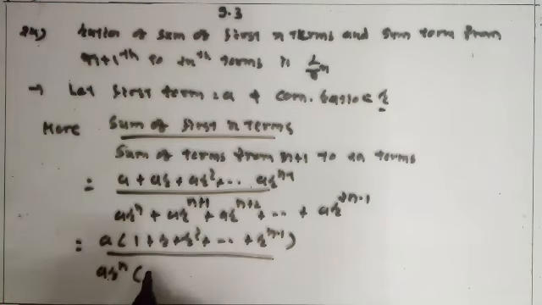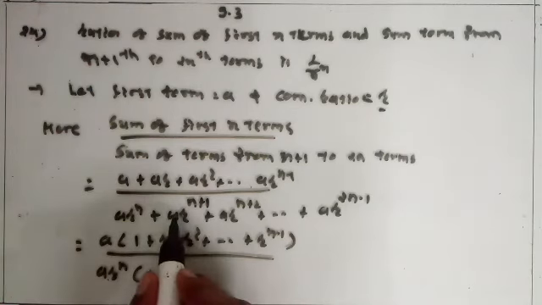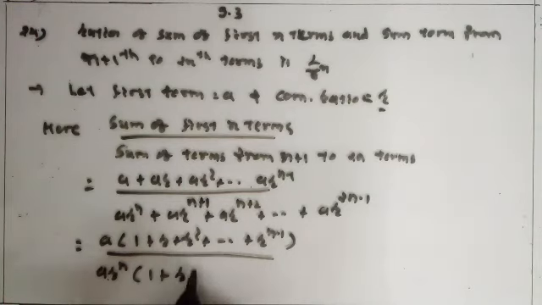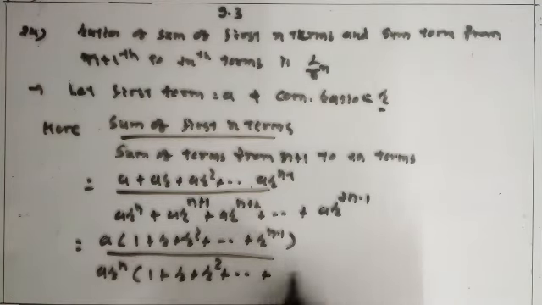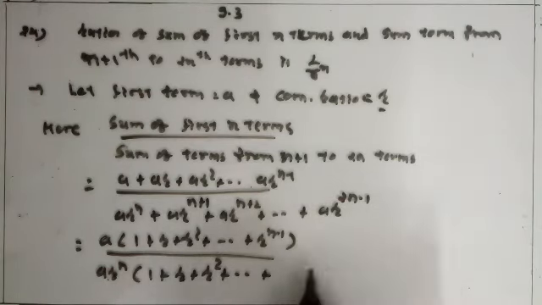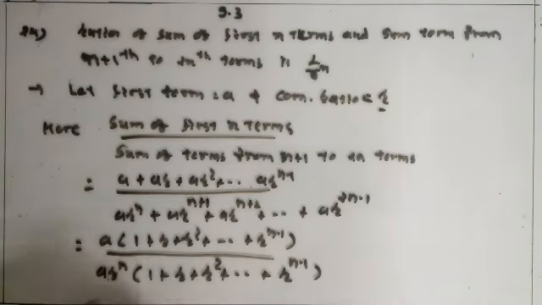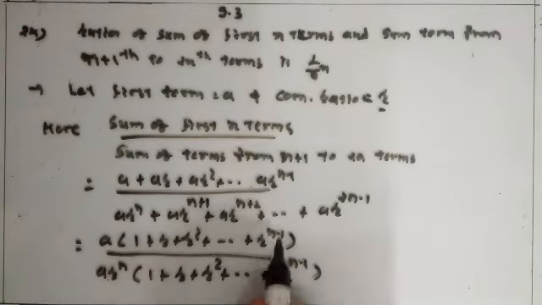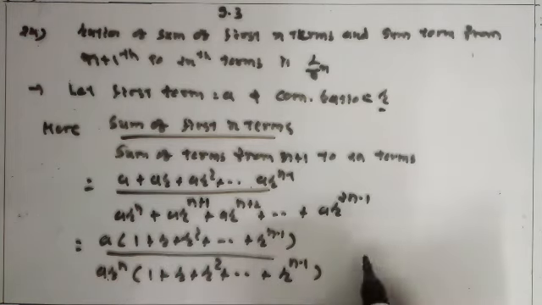So the first term becomes 1, the second becomes ar raised to n plus 1 upon ar raised to n, which is r, plus the third becomes r square, plus up to the last, ar raised to 2n minus 1 upon ar raised to n, which is r raised to n minus 1. Here from both numerator and denominator a cancels, and the whole bracket 1 plus r plus up to r raised to n minus 1 cancels from both. So we get 1 upon r raised to n.